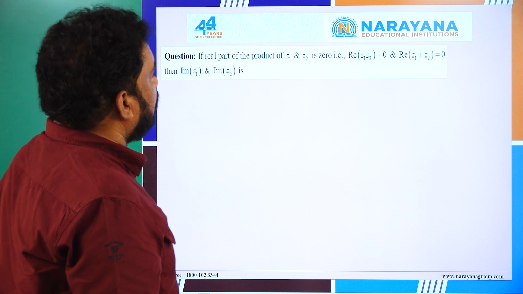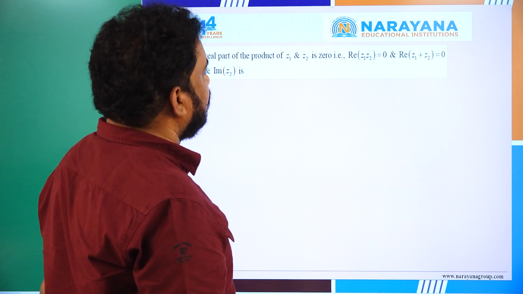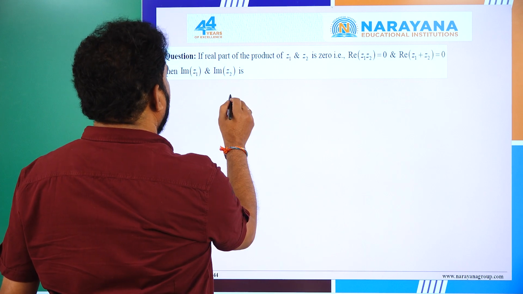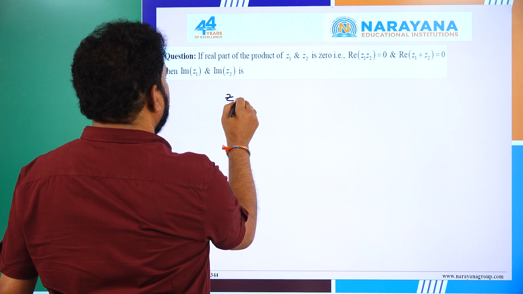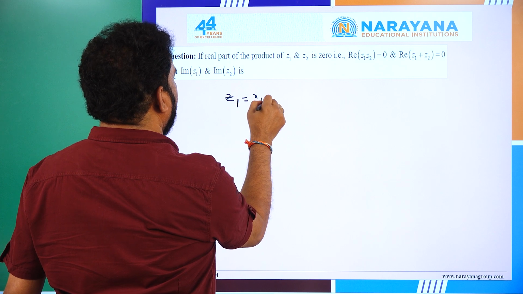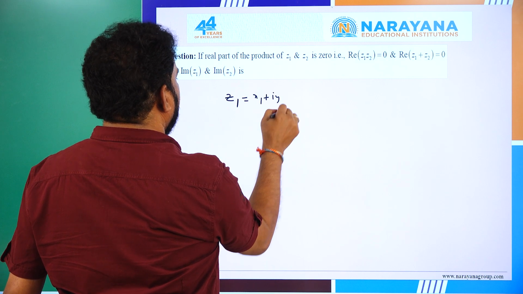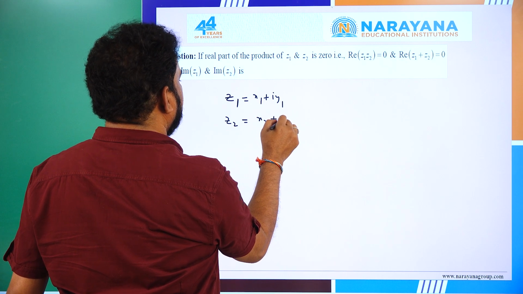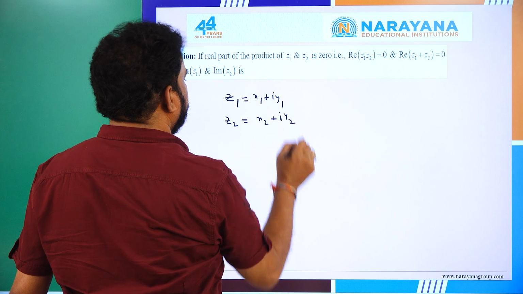that is, the real part of Z1 Z2 is 0. Let us take two complex numbers: Z1 is equal to x1 plus i y1, Z2 is equal to x2 plus i y2.